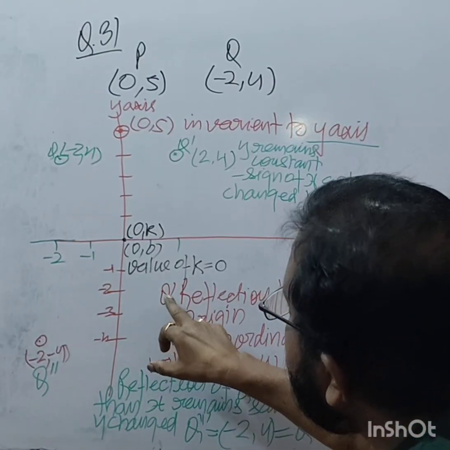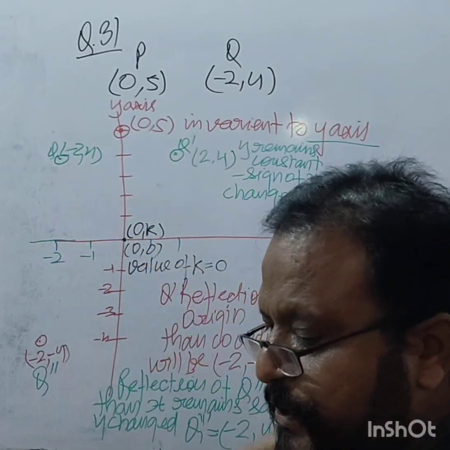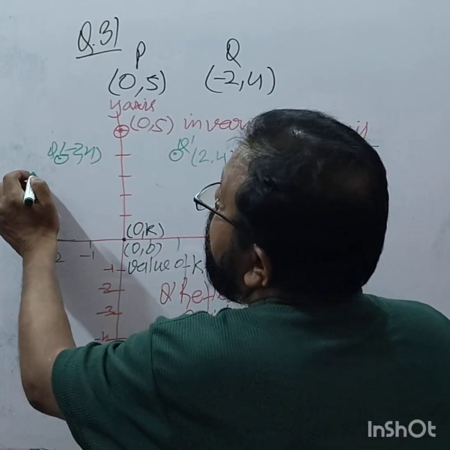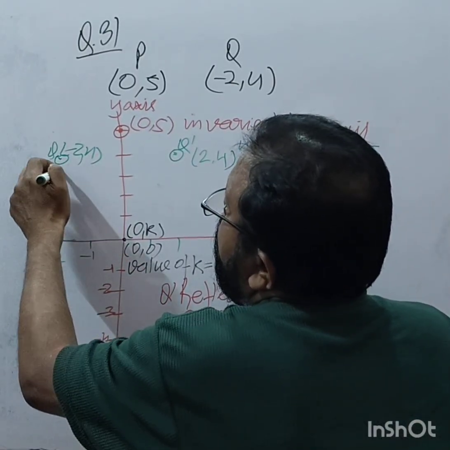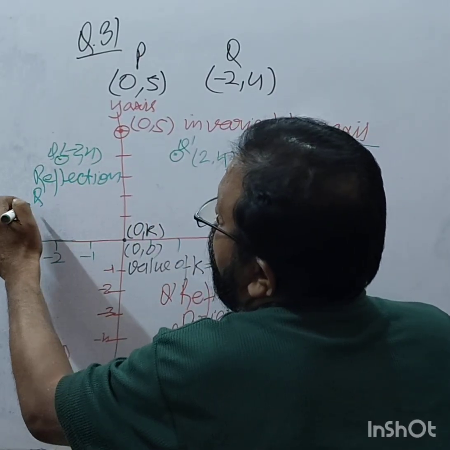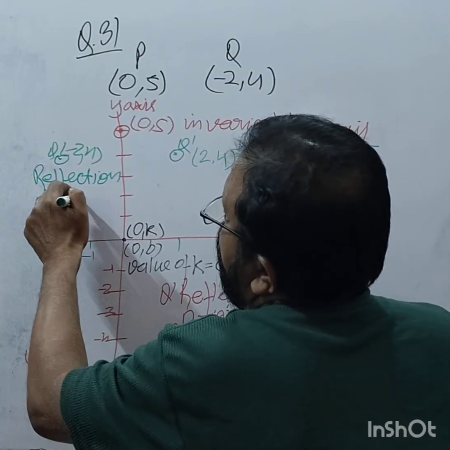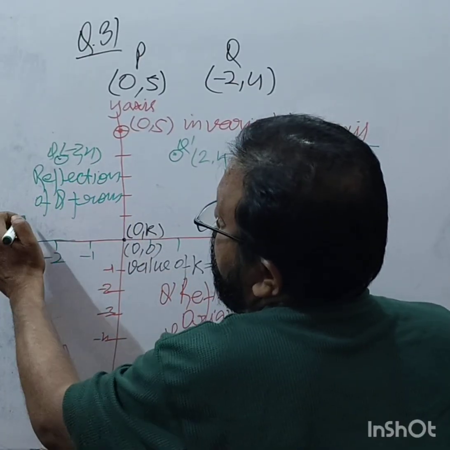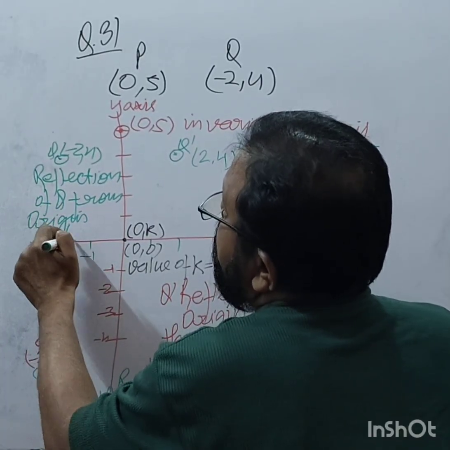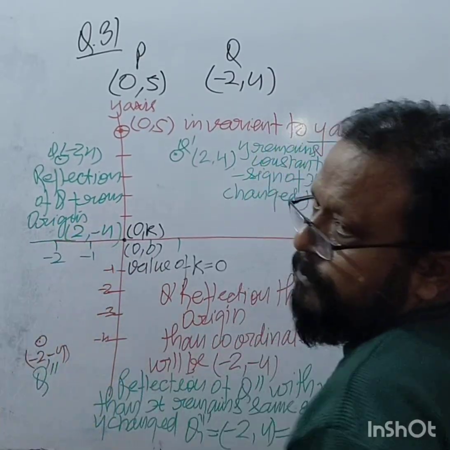I wrote Q dash here. The reflection of Q dash would be this, but if the reflection of Q from the origin, then it becomes 2 comma minus 4.